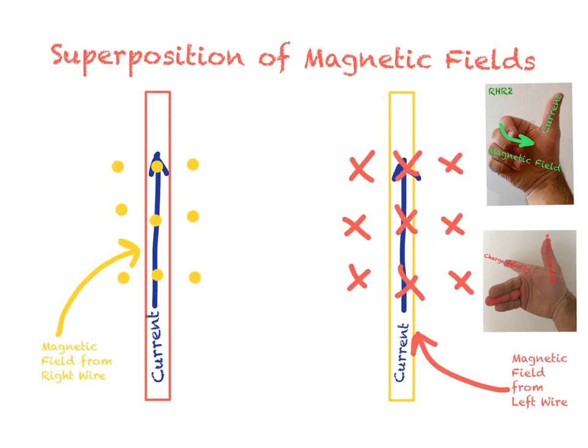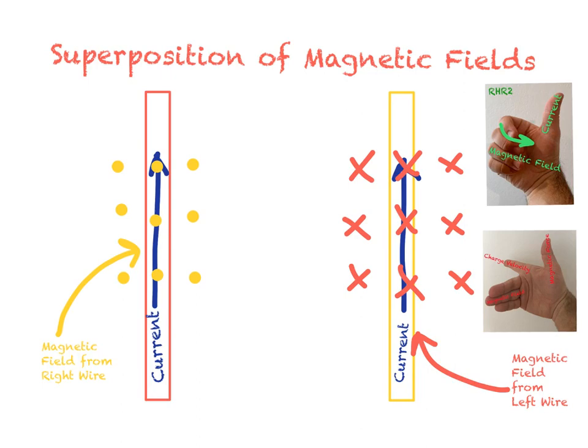So now we're going to see that we have a current and a magnetic field direction, so we can see the direction of the force that each wire would experience due to the field of the other wire. So the wire on the right has a current pointing up the plane of the page.